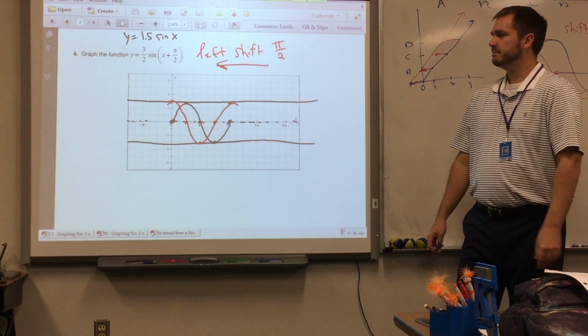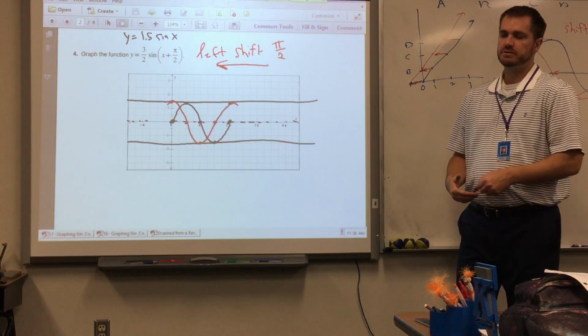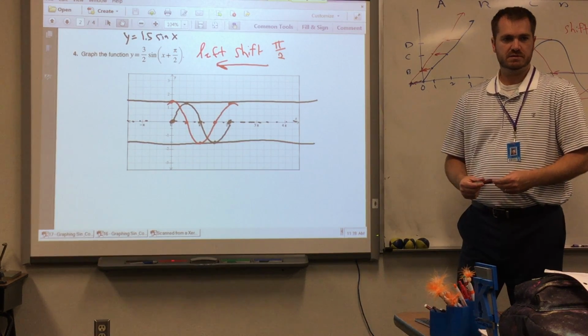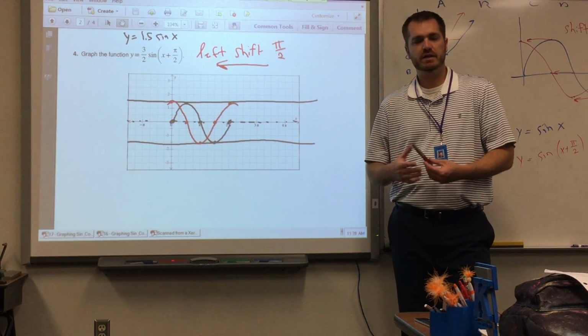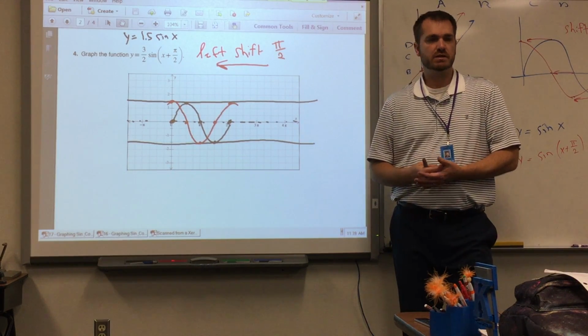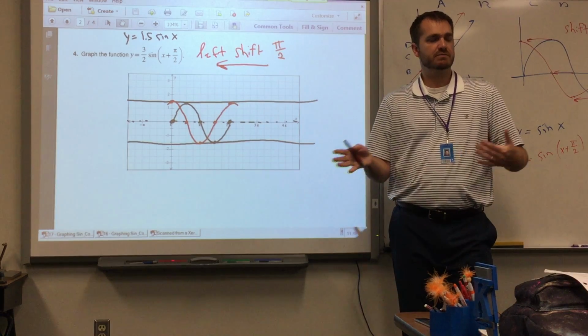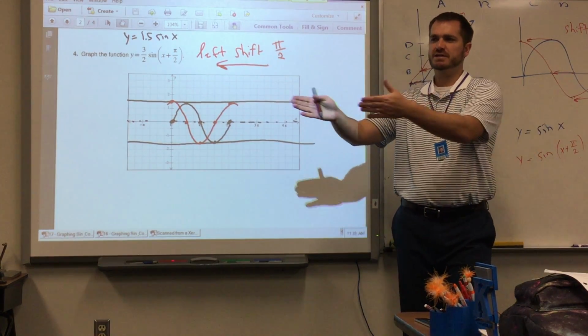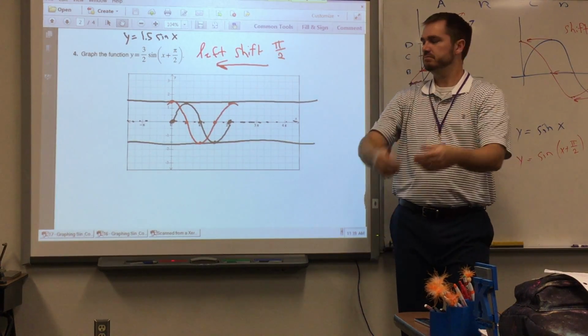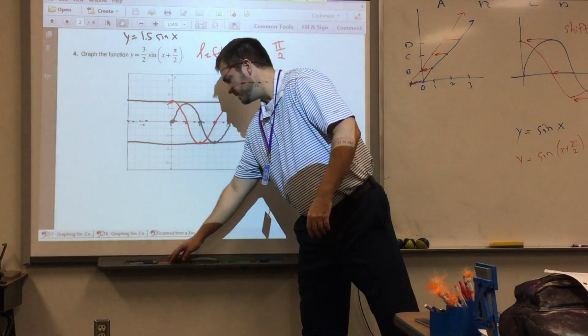Yep. Sine and cosine are exactly 90 degrees out of phase. Trippy. For that matter, secant and cosecant are also 90 degrees out of phase. They're just shifted. If you remember, I mentioned that. They're shifted a little bit. So there we go.